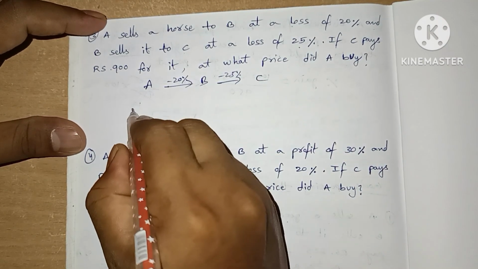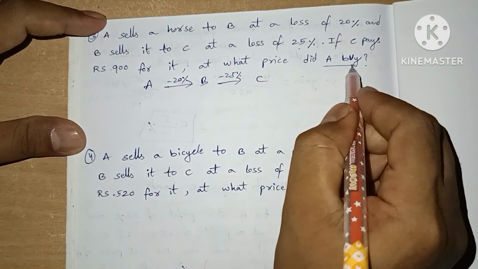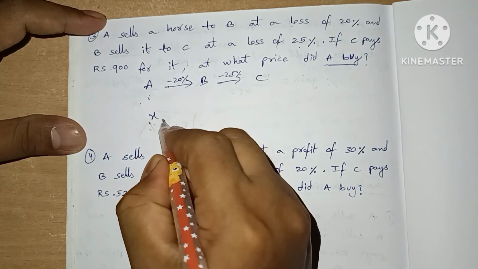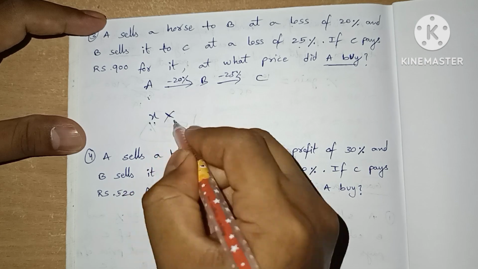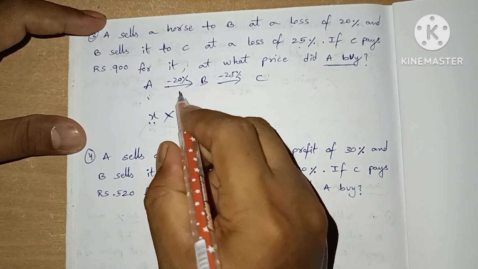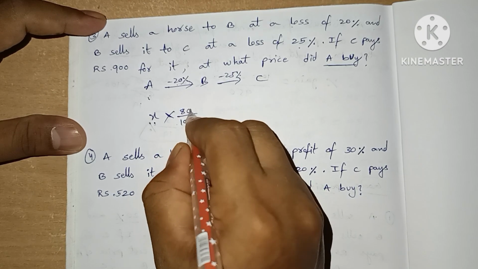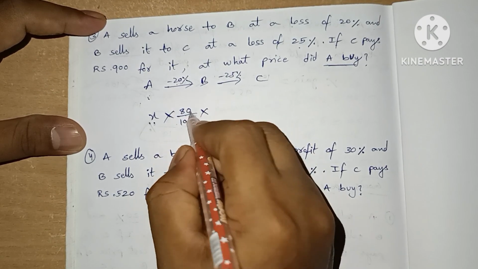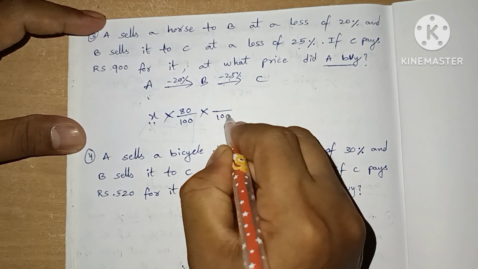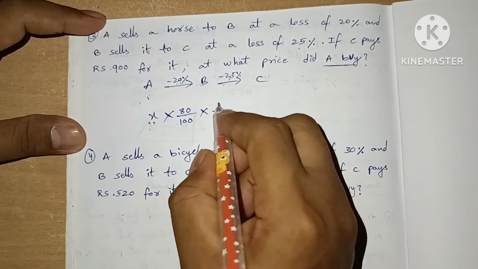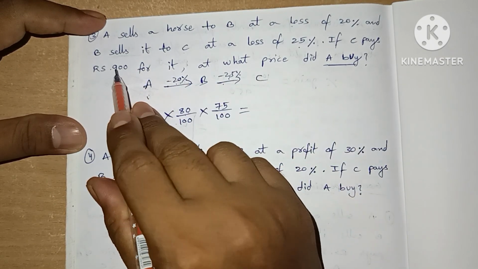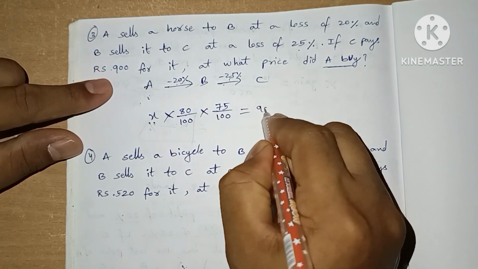The question asked about A value, which we don't know, so we place it as X. Loss of 20% means at 100 rupees he made a loss of 20, means he sells at 80. And B's 25% loss means at 100 rupees he made a loss of 25, means he sells at 75. Totally equals C paid 900 rupees.